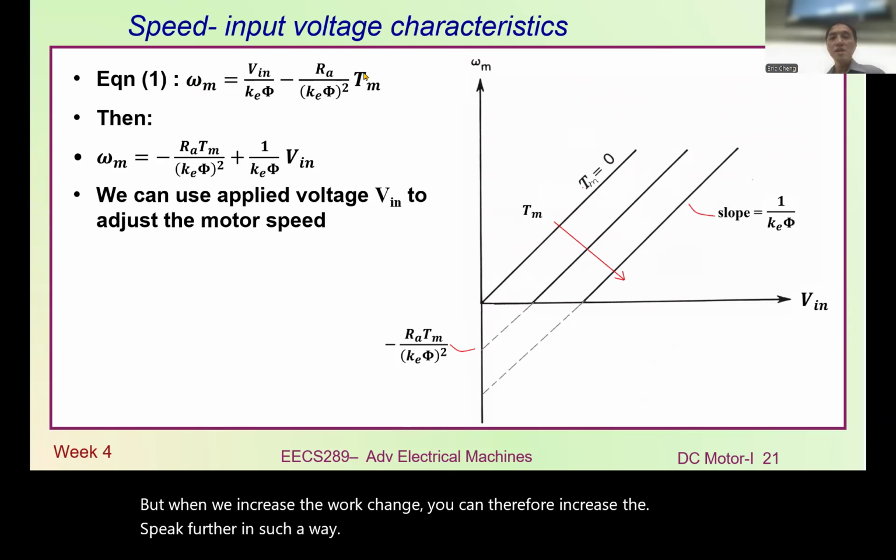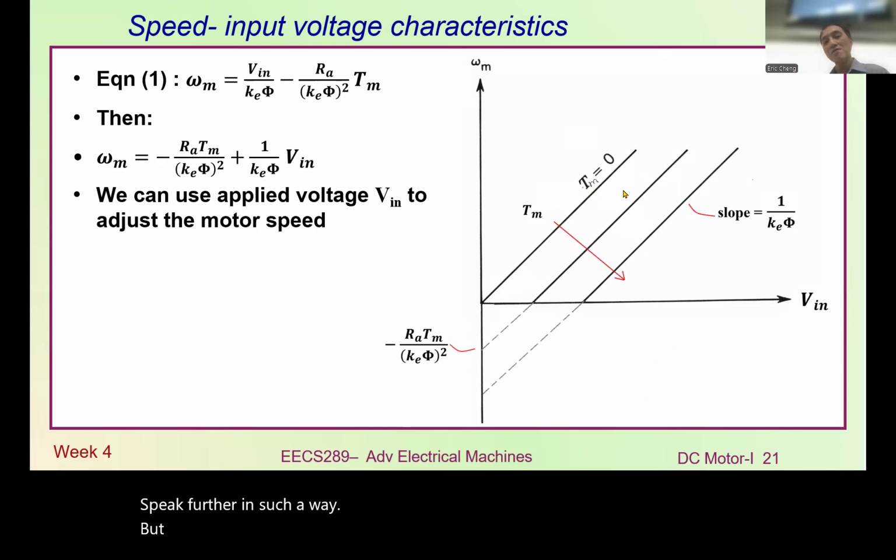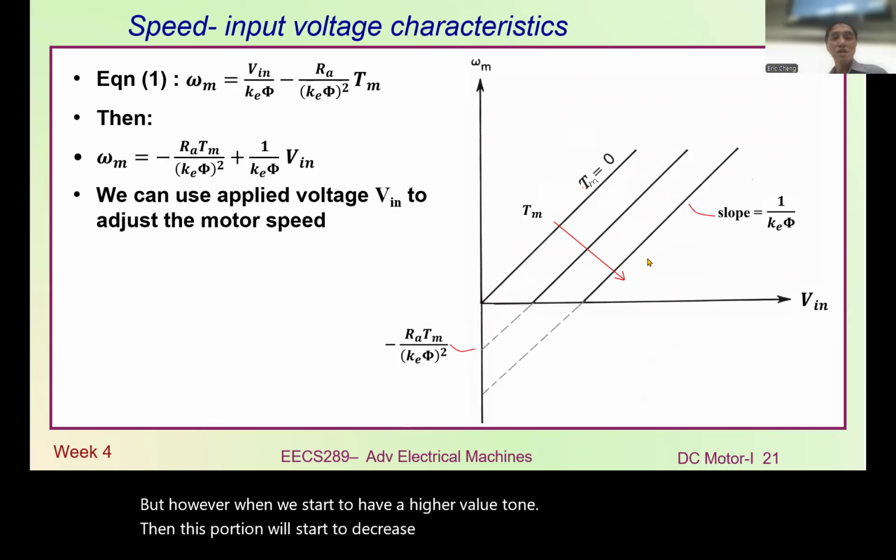However, when we start to have a higher value of torque, this portion will start to decrease the speed from this curve. So you can see that when Tm increases, we will have a decrement in here, so the curve will move in such a way. There are a number of things we can work on here.